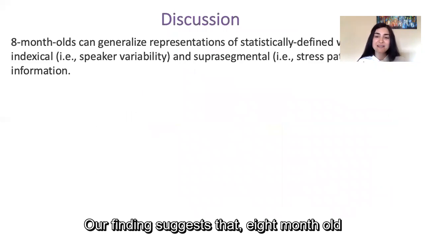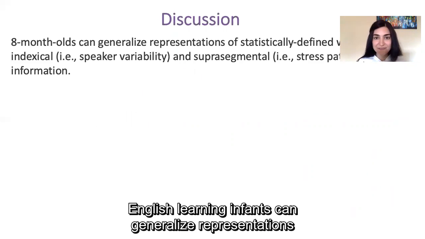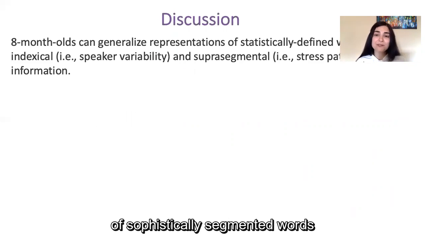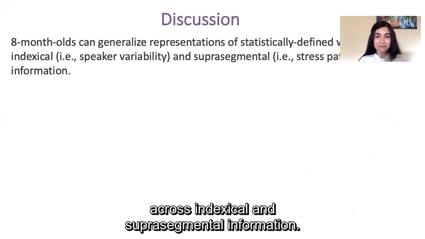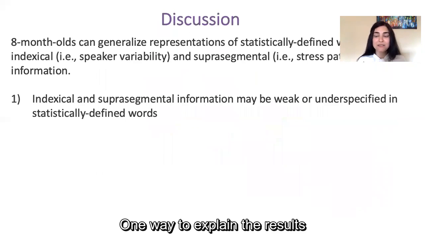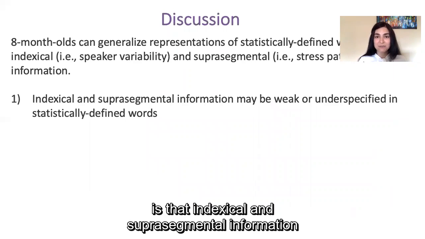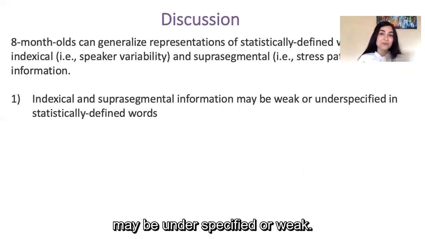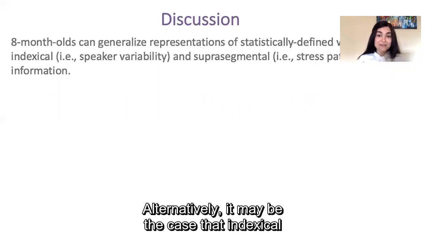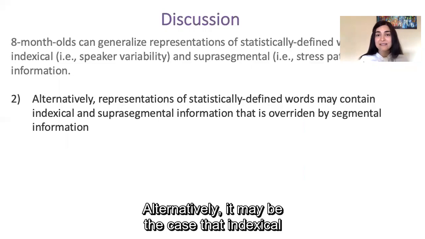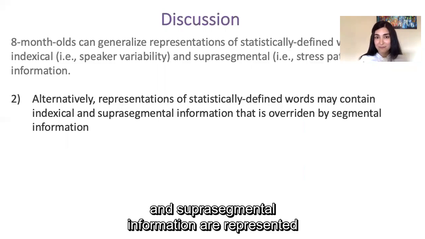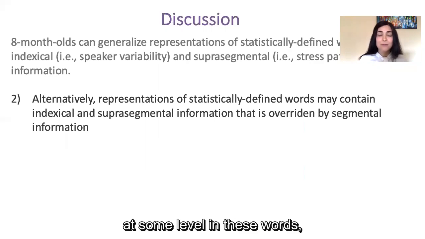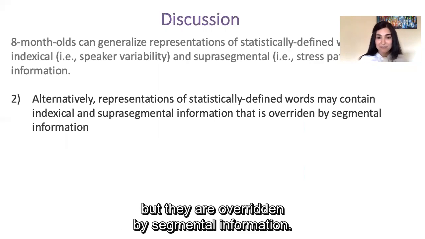Our findings suggest that 8-month-old English learning infants can generalize representations of statistically segmented words across indexical and suprasegmental information. One way to explain the results is that indexical and suprasegmental information in statistically segmented words may be underspecified or weak. Alternatively, it may be the case that indexical and suprasegmental information are represented at some level in these words, but they are overridden by segmental information.